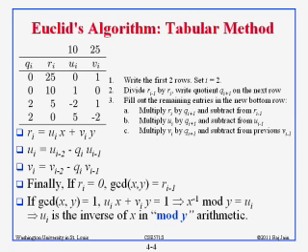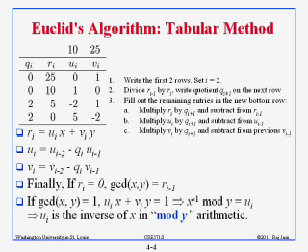However, there is a tabular method of doing the same thing, and this tabular method requires 4 columns. They are labeled Q for quotient, R for remainder, and U and V are the coefficients, and we want to find the greatest common divisor of 10 and 25.